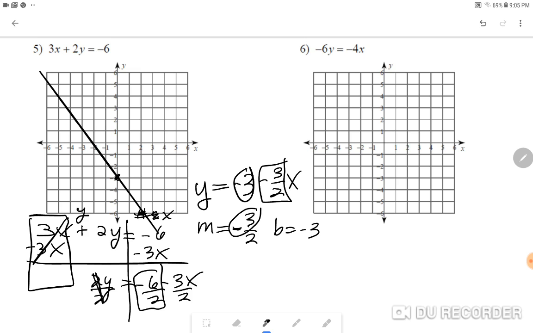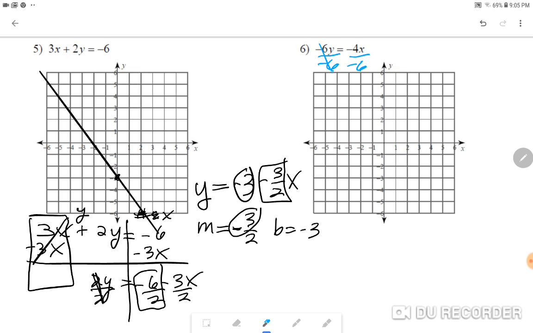Same problem. The y is not by itself. So I have to get it by itself. And in this case, it will be very, very simple. Yes, divide by negative 6. And we do to one side, do to the other side.